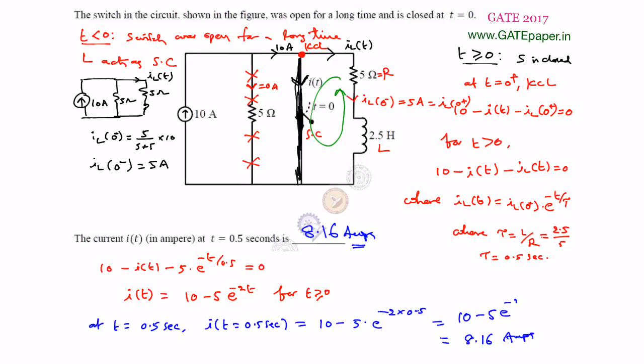The general equation is I naught into e power minus t by tau, where I naught is the current stored by the inductor at t is equal to 0, that is 5 amperes, which we already calculated. Once you have written this equation, you can calculate at any point of time. The right answer for this question at t is equal to 0.5 seconds is 8.16 amperes.